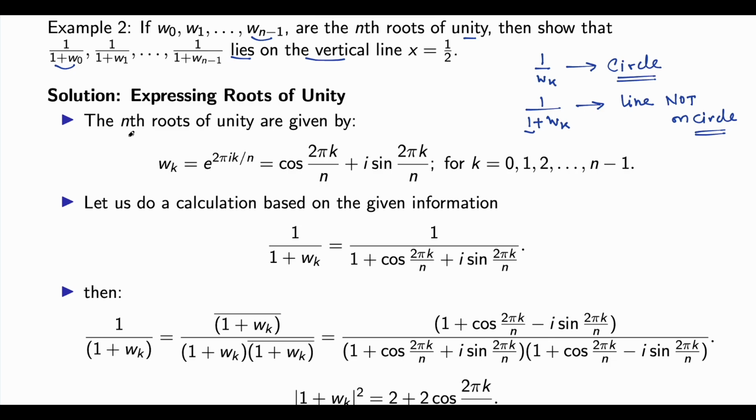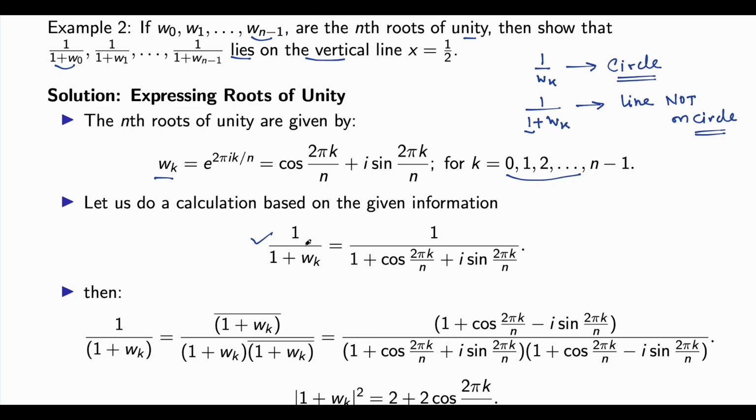Okay, so we know nth roots of unity are given by wk, which is equal to e power 2 pi ik divided by n, where k runs from 0 to n minus 1. So we can also express it as cosine 2 pi k by n plus i sine 2k pi by n. And let us do the calculation because we are interested in 1 over 1 plus wk.